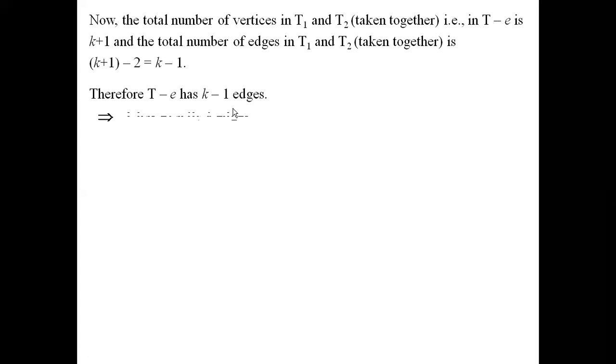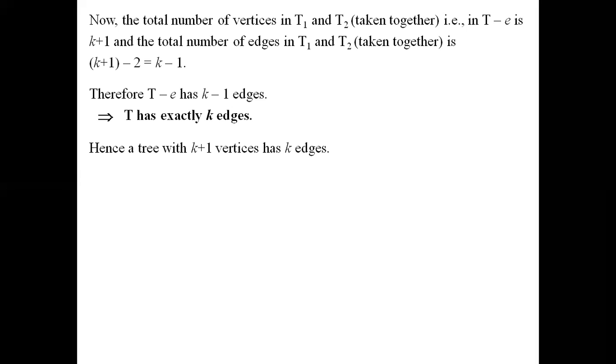So this implies the tree T has exactly k edges. E stands for one of the edges, which is compensated with this 1 here. So the tree T has exactly k edges. Hence, a tree T with k plus 1 vertices has k edges.